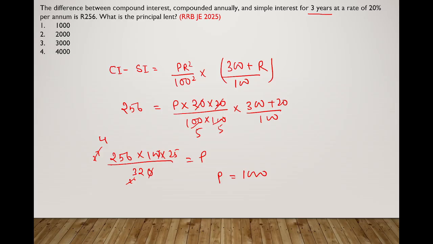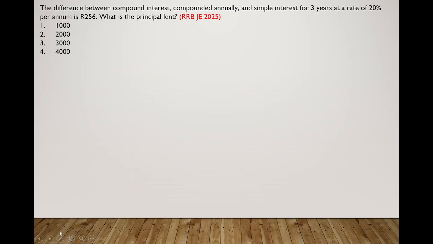Option is, but I don't know. Let me cut 4, 6, and 4. Yeah, I'm making a mistake. This is 2 to the power 8. Oh, oh no, bhai.